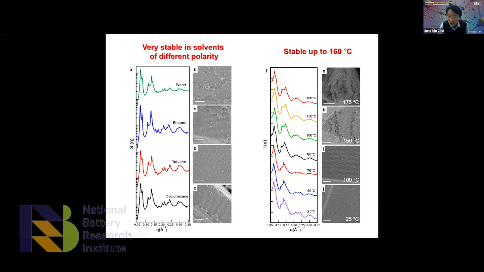Of course, it cannot go too high because these particles are covered with organic molecules, which have a certain stability. If you go further, their structures will be destroyed. But compared to DNA, which is only stable around 50 or 60 Celsius, this is much better thermal stability.